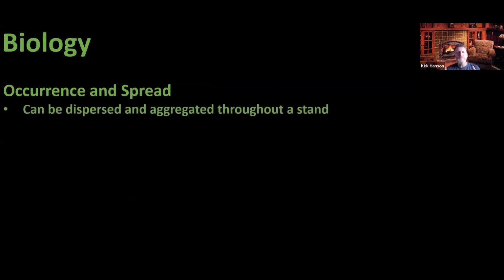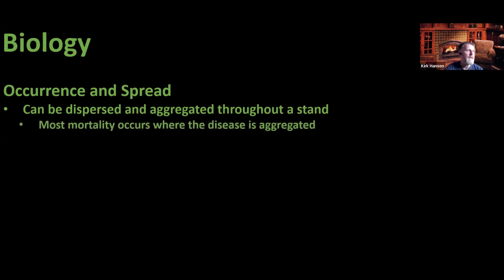Let's talk a little bit about the occurrence and spread. So interestingly, root rot can occur as just an isolated incidence, just one tree infected somewhere in the forest, a tree here, a tree there. Somewhere along the way, it picked up the disease, maybe from an old stump. But typically, like I mentioned, it occurs in clumps or in an aggregated fashion within the stand.